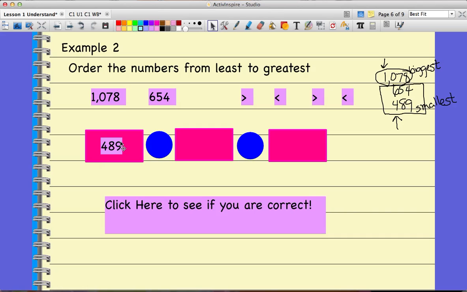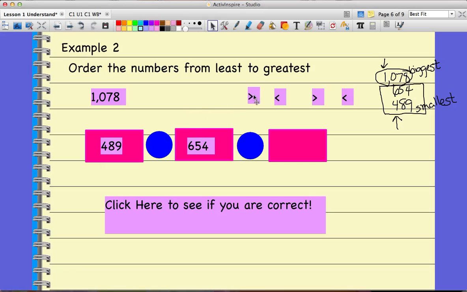And now I have to use the correct symbol. I know that a lot of us have used the mouth opens up and eats the larger number. So if I were to use this symbol, would this be correct? If you said no, you are correct. Because this is the greater than symbol, this says 489 is greater than 654.